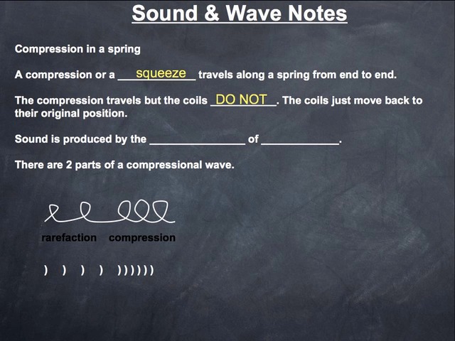As I'm speaking right now, my vocal cords are compressing the air inside my throat. Those compressions leave my mouth, traveling outward in all directions, and the air in this room gets compressed, and those compressions move. They eventually reach your eardrum and cause it to move.